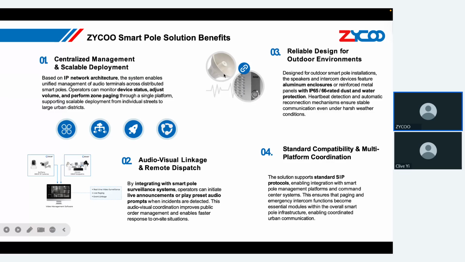And the third one is the reliable design for outdoor environments. Our devices, like our speakers and intercoms, are IP rated. That means they have dust and water protection. And our intercom is even IK rated. That means it's rugged and vandal proof. And there is heartbeat detection.